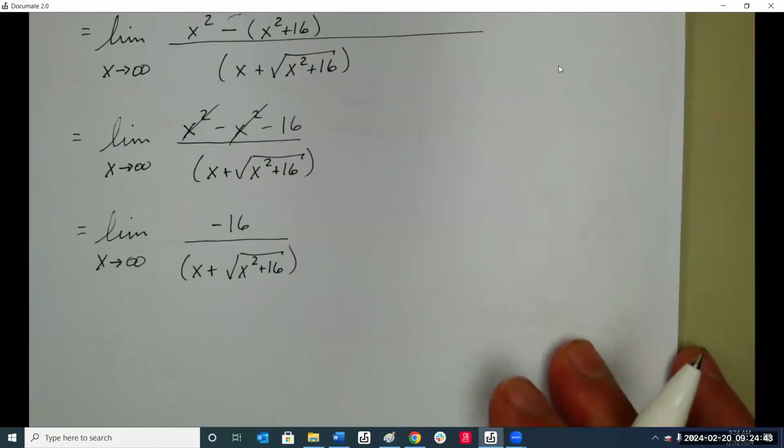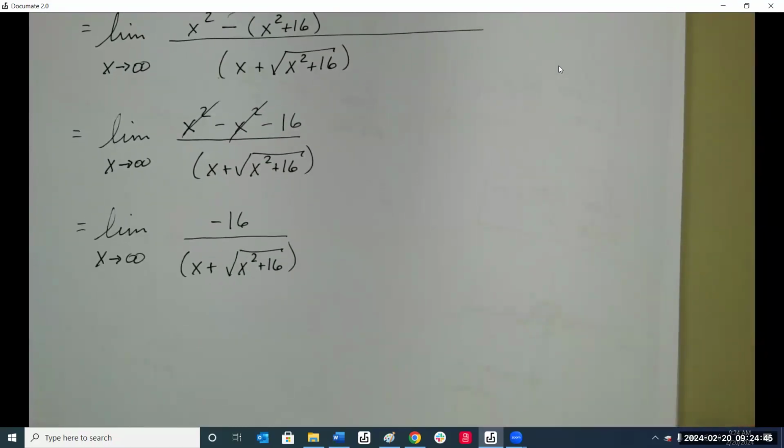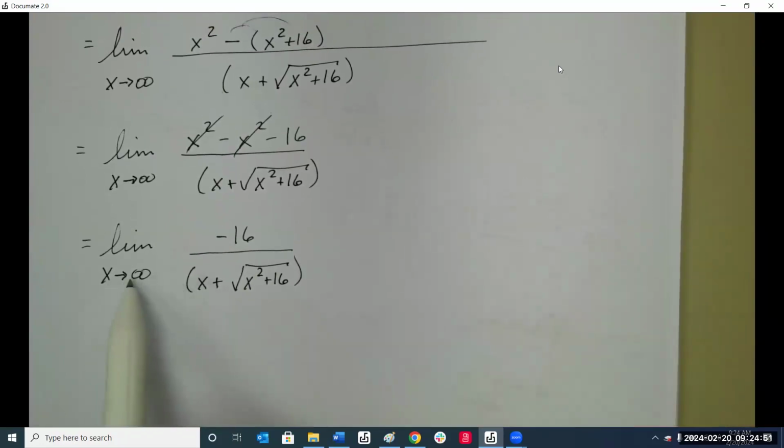So what do we divide by now? We have a rational expression, x is going to infinity. So what do we divide by? What's the largest exponent? X squared. But x squared is inside the square root.